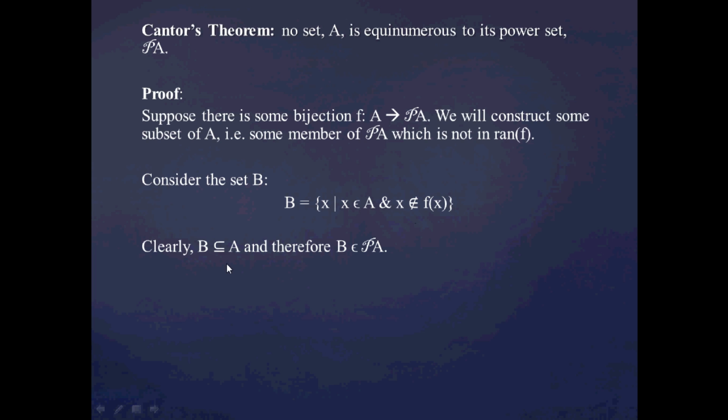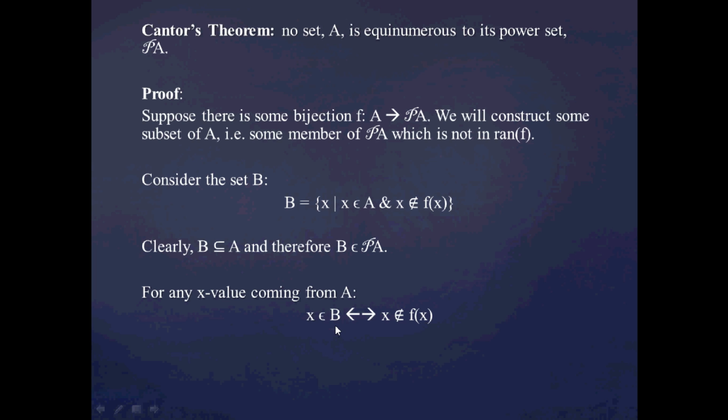Now clearly, B is a subset of A because all the members of B are also in A, and therefore B is going to be a member of the power set of A. And now I'm going to show that B can't be in the range of F. The way I'm going to show that is I'm going to consider for any X value coming from the set A, there is no value F of X that is equal to set B, meaning that there is no F of something that equals the set B. And remember what it means for two sets to be equal.